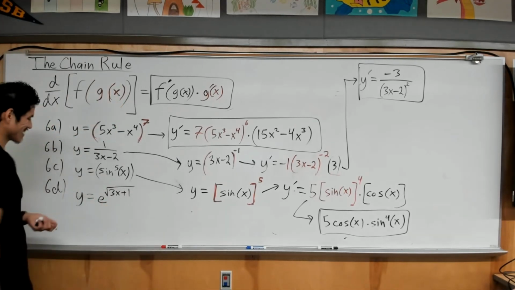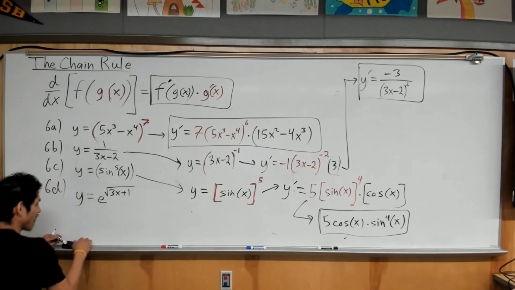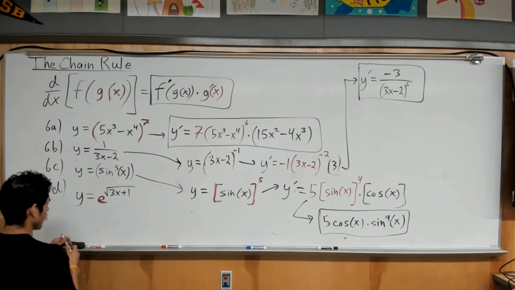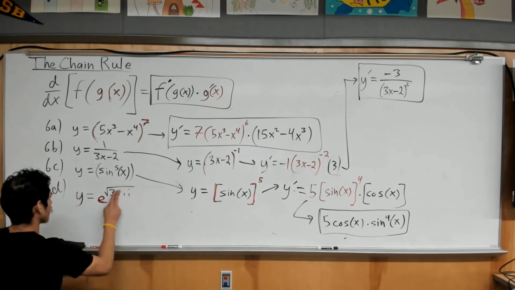We have this. Okay, so let's do it down here. So we have the red function, then you have the black, and inside here you have 3x plus 1.